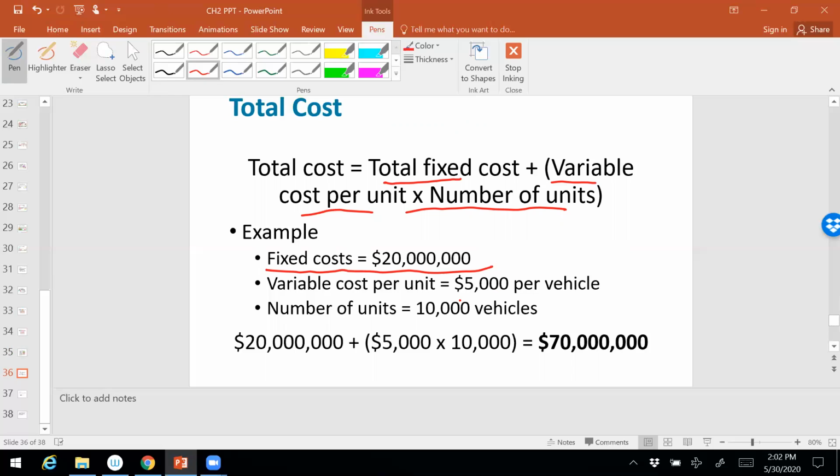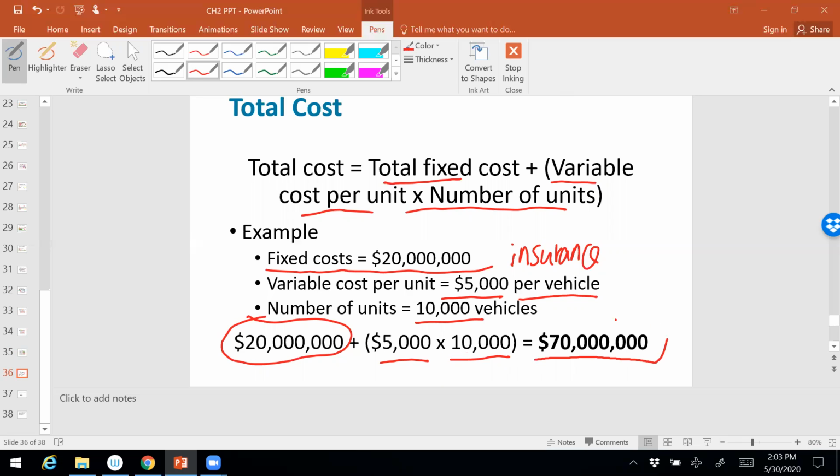For each one vehicle, the variable cost is 5,000, and you made 10,000 vehicles. So your total variable cost will be 5,000 times your 10,000 units. So you got $70,000 as the total cost.